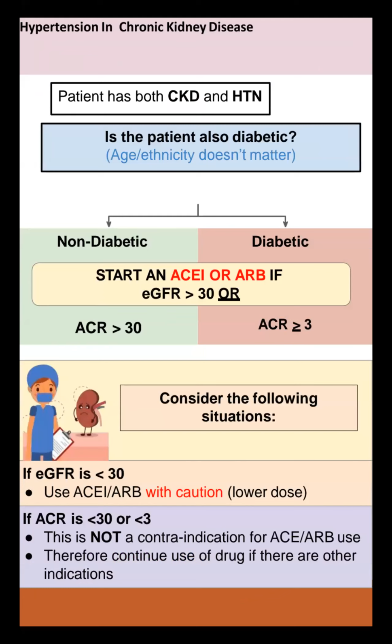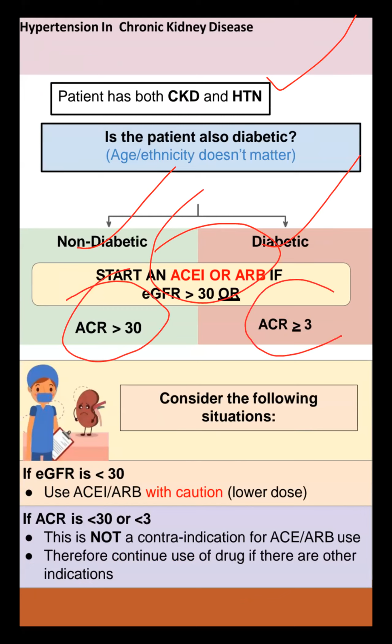Hypertension, chronic kidney disease, CKD, non-diabetic, diabetic. In diabetics we have to start an ACE inhibitor. What about the albumin creatinine ratio, more than 3? If eGFR is below 30, there is no contraindication for the ACE inhibitor.